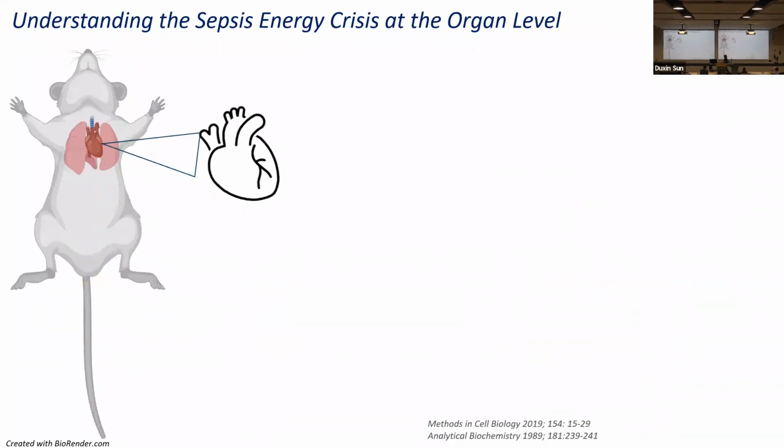And this is kind of what it looks like. We use this freeze clamp procedure, and I use the heart because the heart, I can animate it, it moves. The key to this is that we want to rapidly quench metabolism.